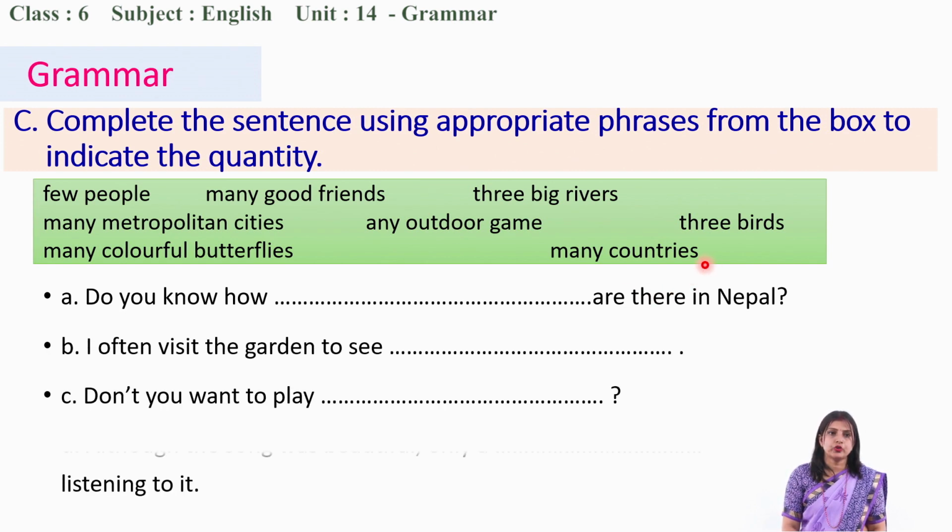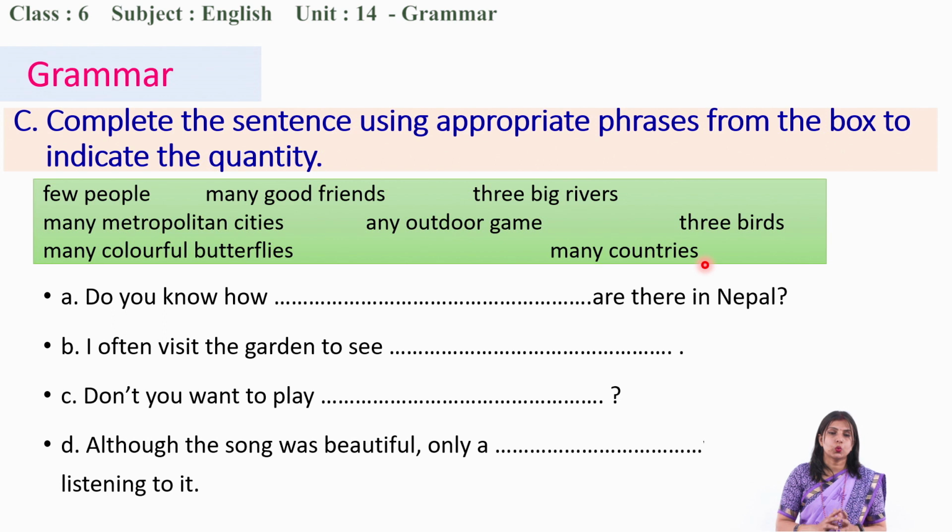And here are a few questions. What you have to do is fill up those gaps with the options from the box. You have to fill up these phrases in the blanks given below. Come on, try it. Okay.